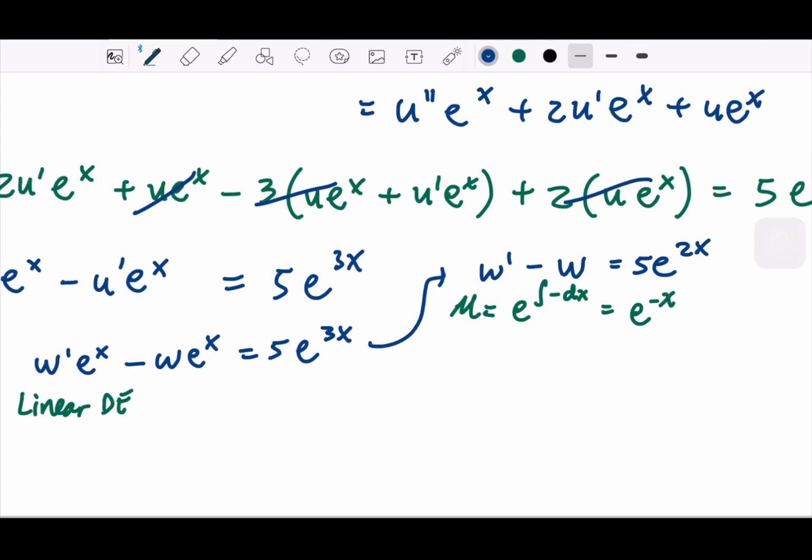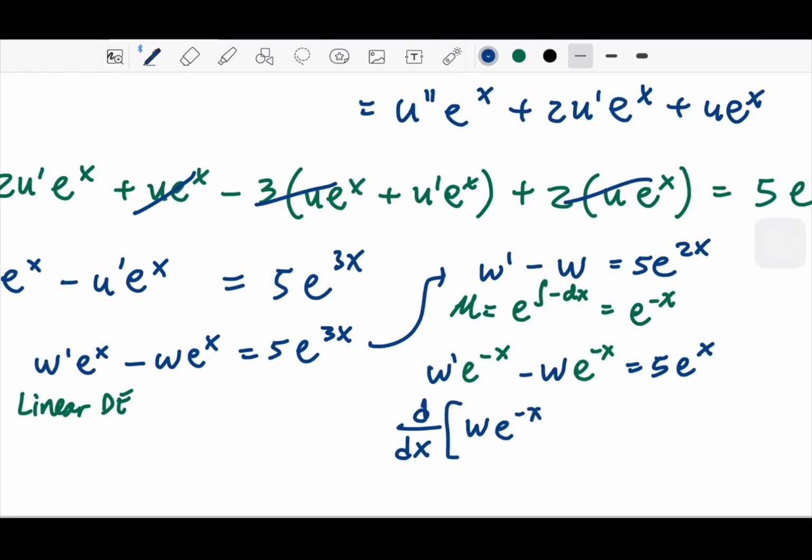So we multiply with e to the negative x, and we find the product form from this is precisely the same like that, and this will be 5e to the x.